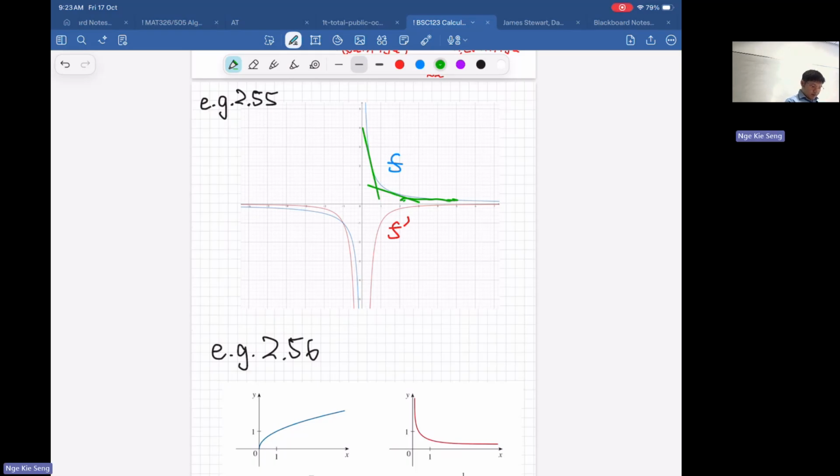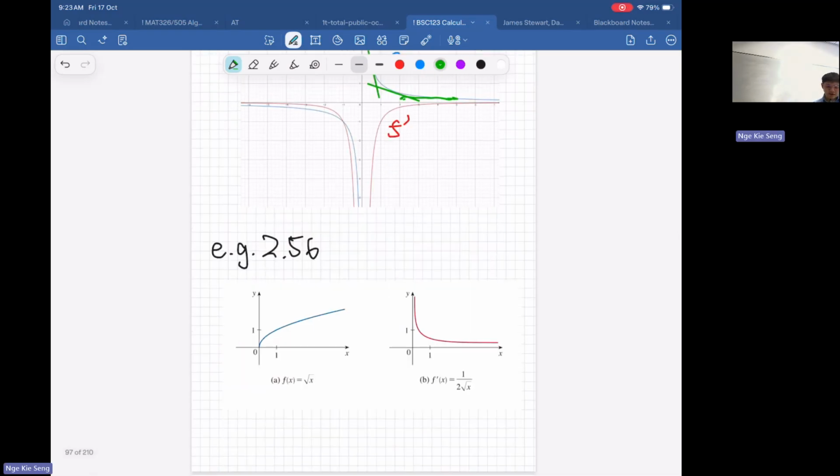Next, in your textbook you also have this. This is another extreme. If you look at all these tangent lines, they have the same direction as y equals minus x, but the derivative is always positive.